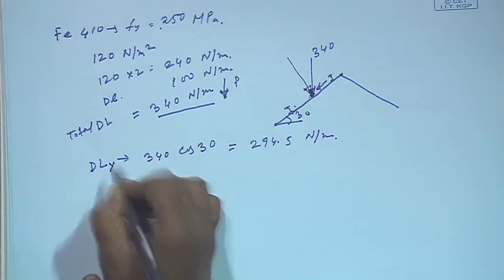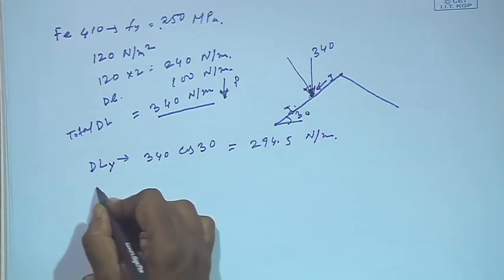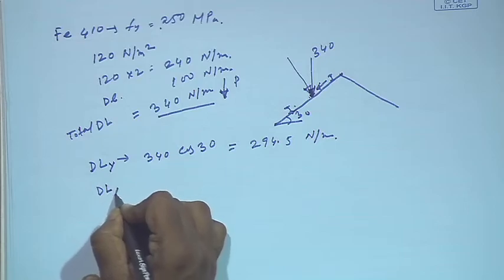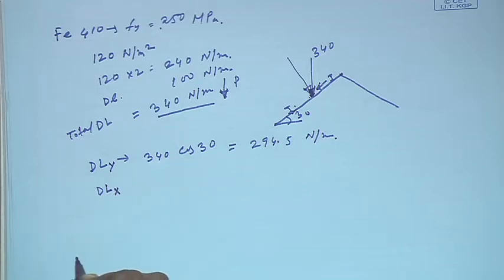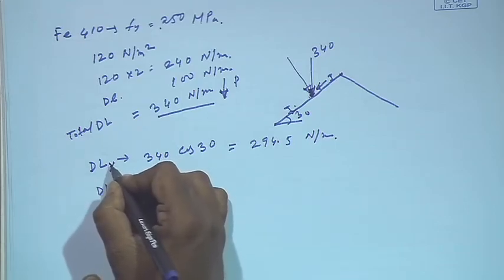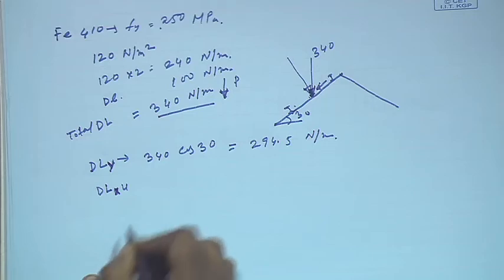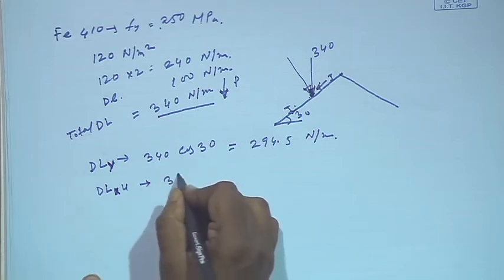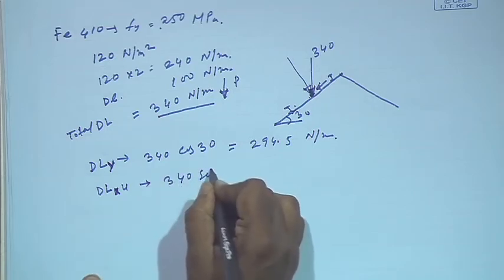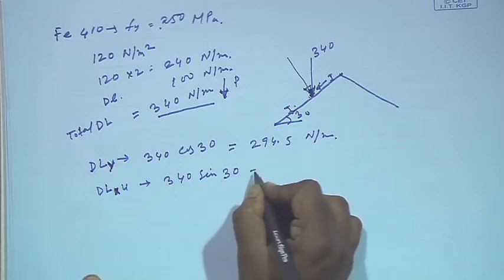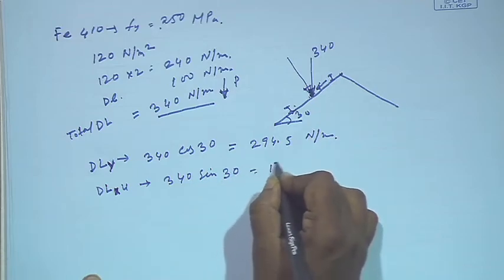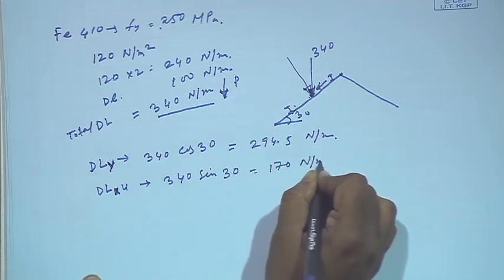So, this is the dead load normal to the roof, say v, and the dead load parallel to the roof, say u, will be 340 sin theta. This becomes 170 Newton per meter.